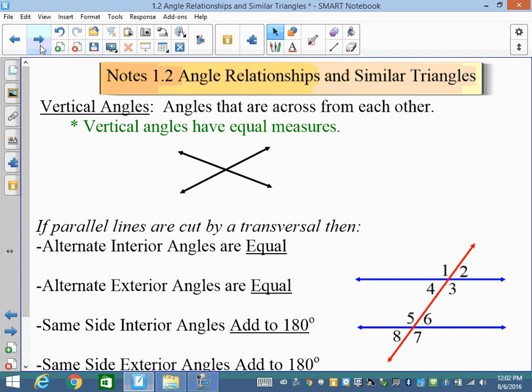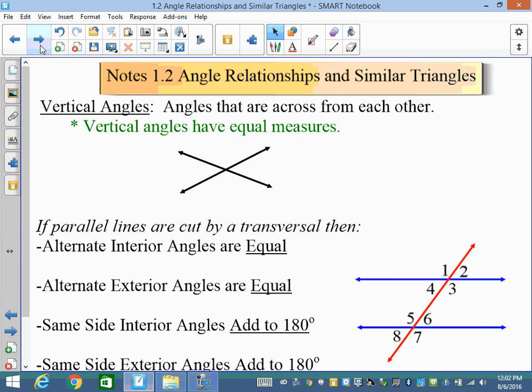So on the first one, angle relations and similar triangles, we start with our vertical angles. This is something you should remember from way back in geometry, Cambridge, whichever you came from. Angles that are across from each other. Vertical angles have equal measure.